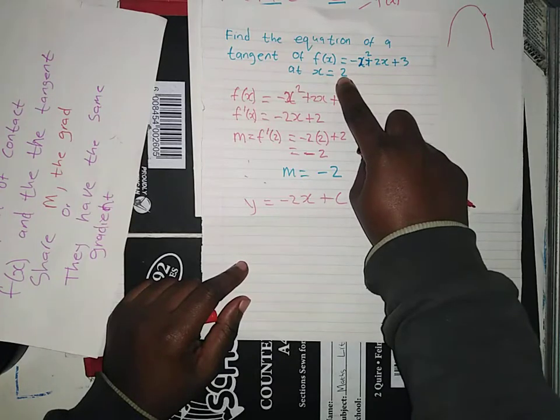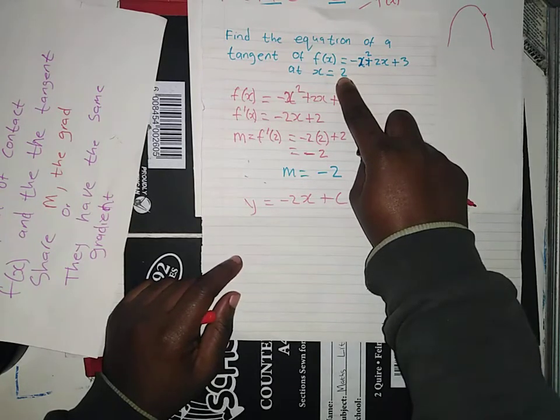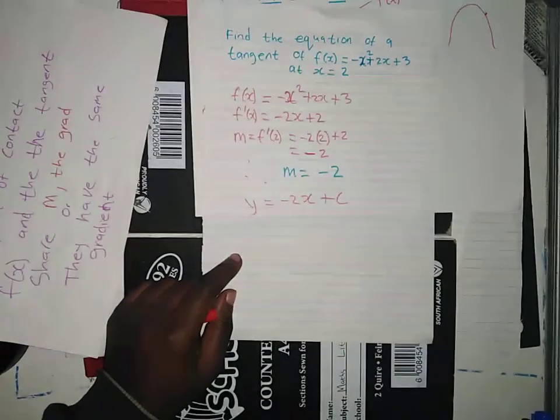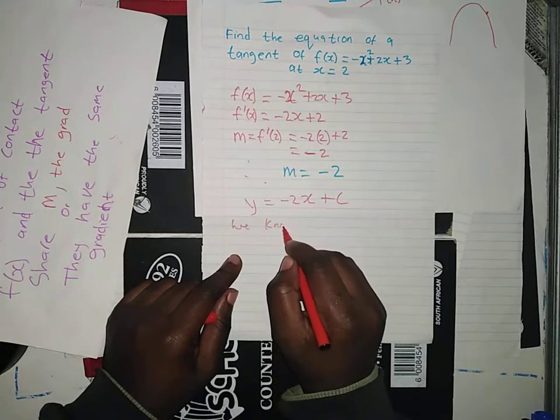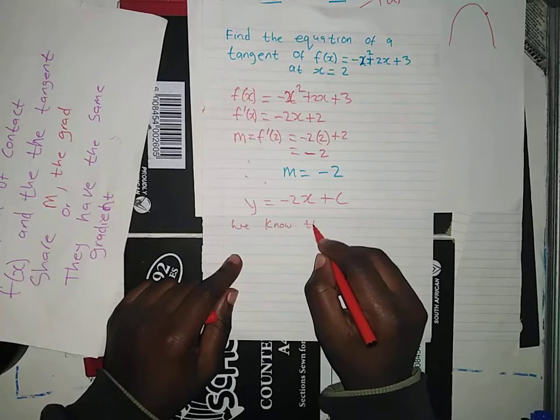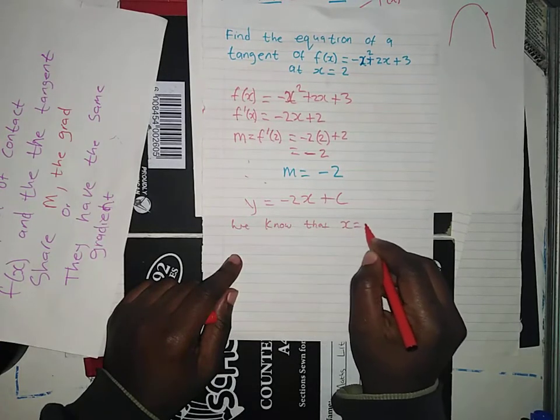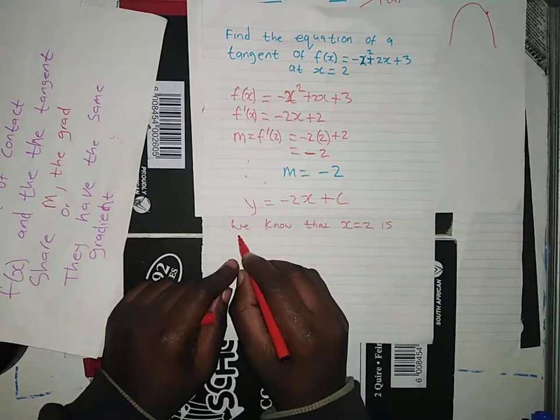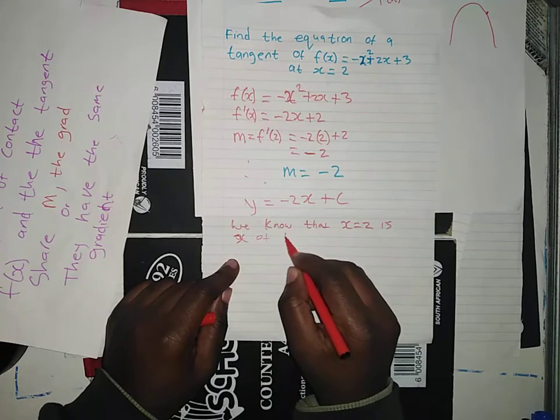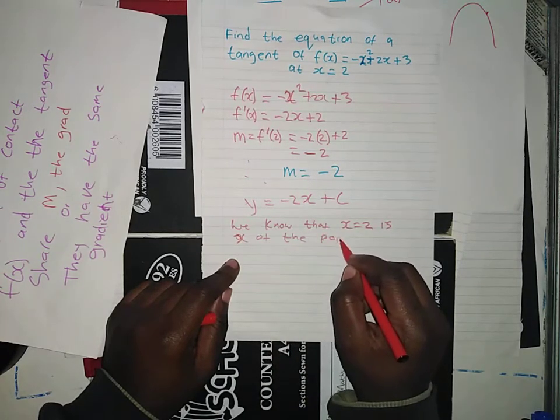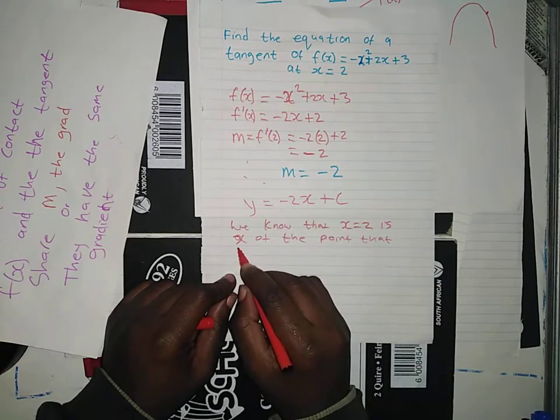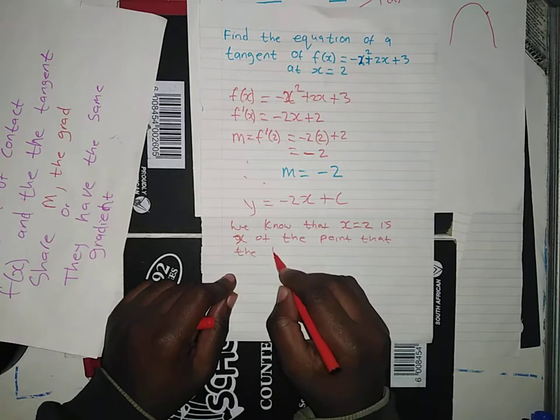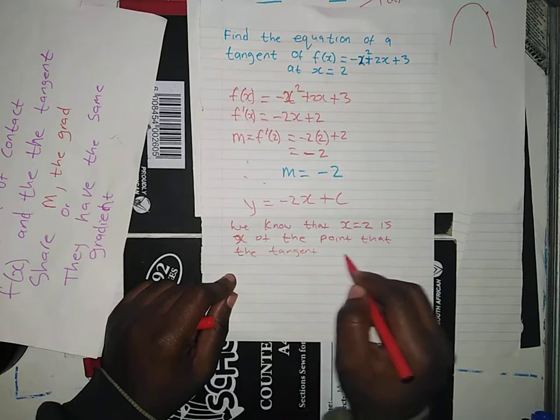Now how do we find the y of that point? We know that x equals 2 is the x of the point that the tangent passes through.